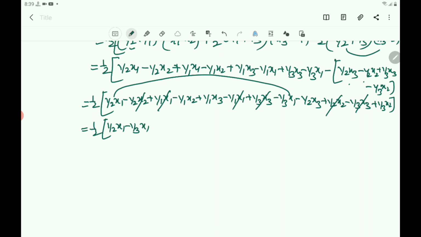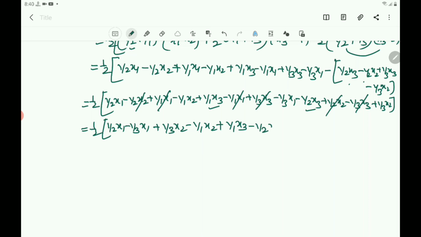Then the x2 terms: y3 x2 minus y1 x2. Then the x3 terms: y1 x3 minus y2 x3.